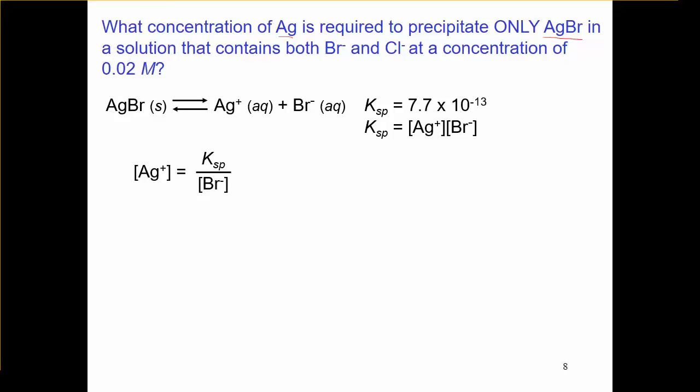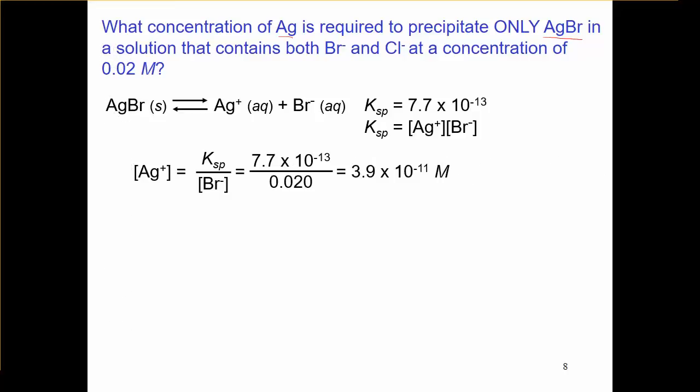Okay, so here's the KSP for silver bromide, 7.7 times 10 to the negative 13. If I want to know the concentration of silver that's going to precipitate, I guess the least amount of silver, what concentration of silver will allow me to precipitate it. Well, that's what my KSP is equal to, silver times bromine here.